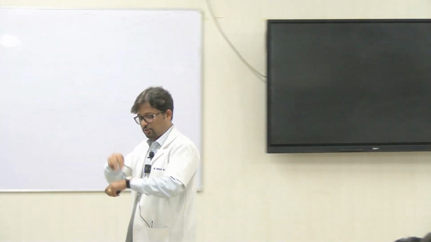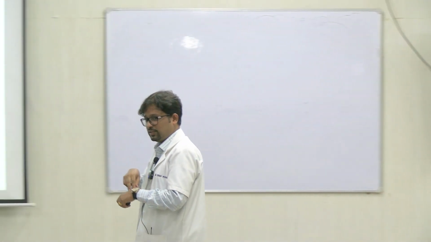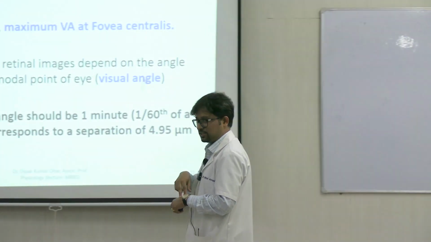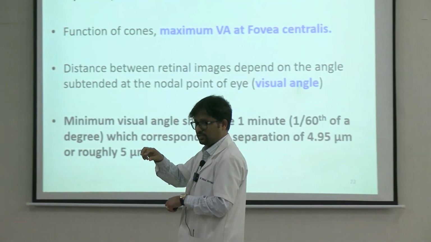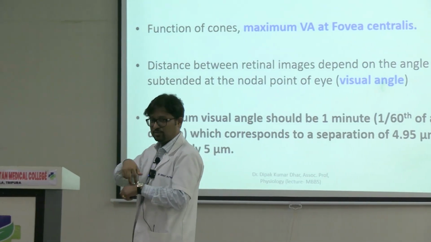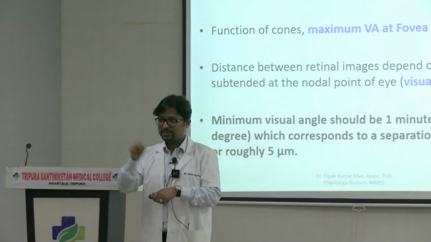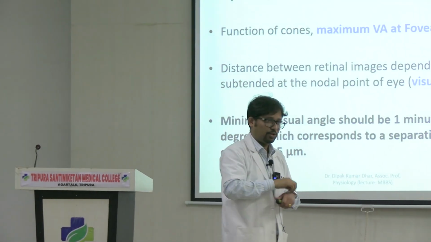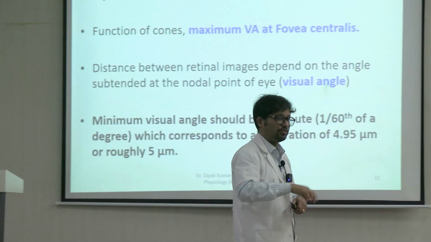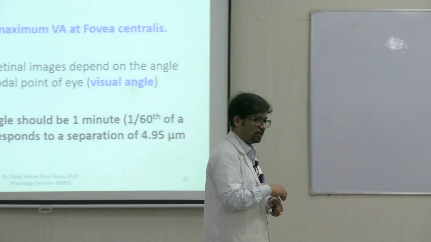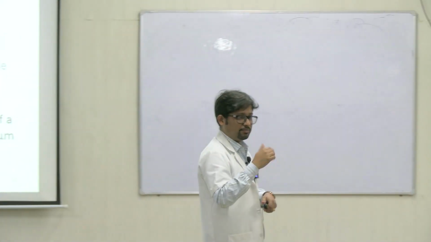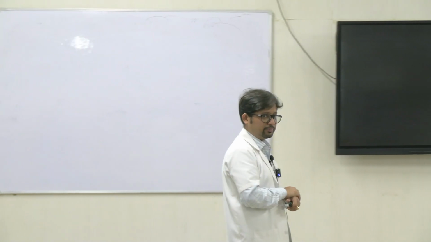Given two closely spaced stimuli, what is the minimum distance at which the brain identifies the two stimuli as separate? There is a minimum distance. If it is less than that, it is interpreted by the brain as one. You might give two stimuli, but the brain interprets it as one.